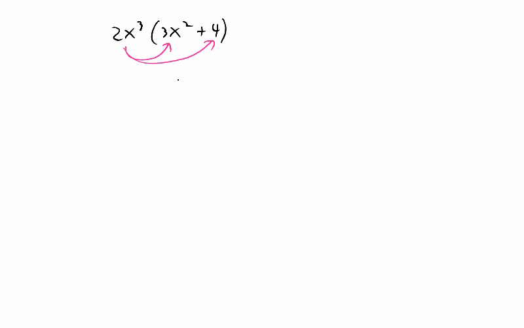You don't need to draw the arrows in, but you should be thinking about them. Like our first example, we know that 2x cubed times 3x squared will give me 6x to the 5th as a product, and the product of 2x cubed and 4 would simply be 8 times x cubed. So the result would be 6x to the 5th plus 8x cubed.